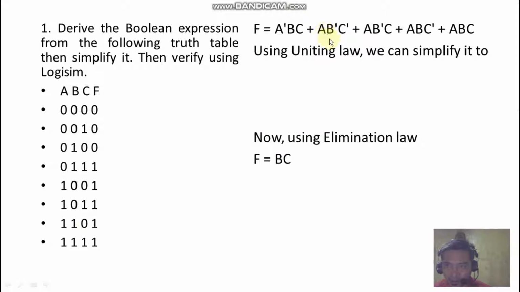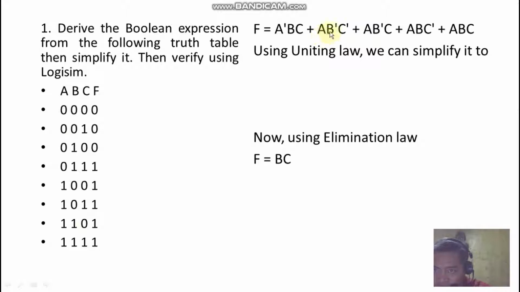Ito naman, A, B prime, C prime. Again, pag may prime 0 ha. A, B prime, C prime. So, ayan. So, 1, 0, 0 ang value ng A, B, C respectively. 1, 0 prime, which is 1.